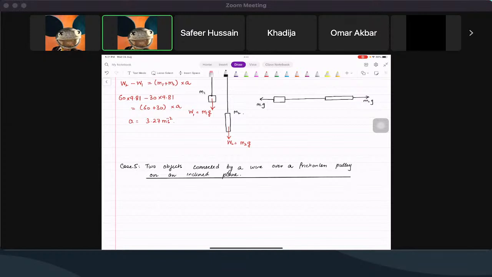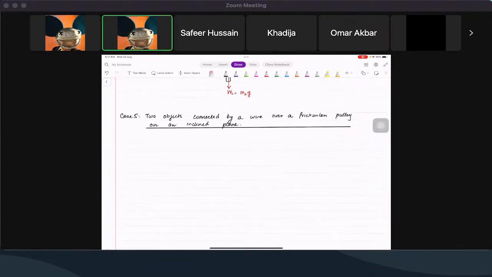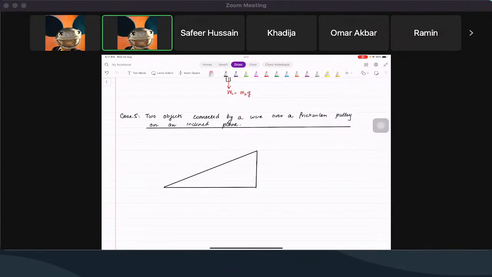Now, this is a tough one. I mean, it's not really tough, but you just need to understand. It could be a table as well, like a flat table, or it could be like I've done the first one. So suppose this is 30 degrees. There is an object like this. There is a pulley like this. So this object is connected to the pulley, and then there is another mass right here which is pulling it down from that side.